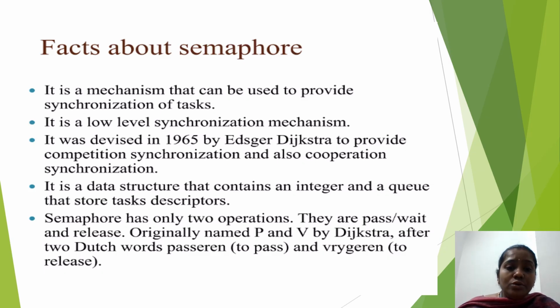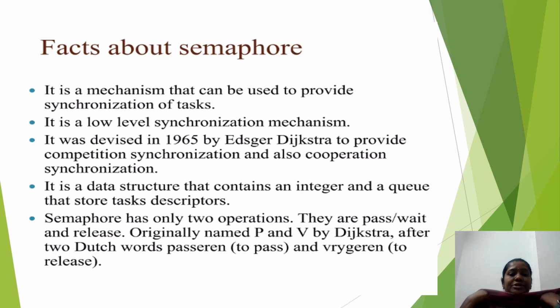It was introduced by Edsger Dijkstra in 1965 to provide competition synchronization and also cooperation synchronization. It is a data structure that contains an integer and a queue that stores the process descriptors.